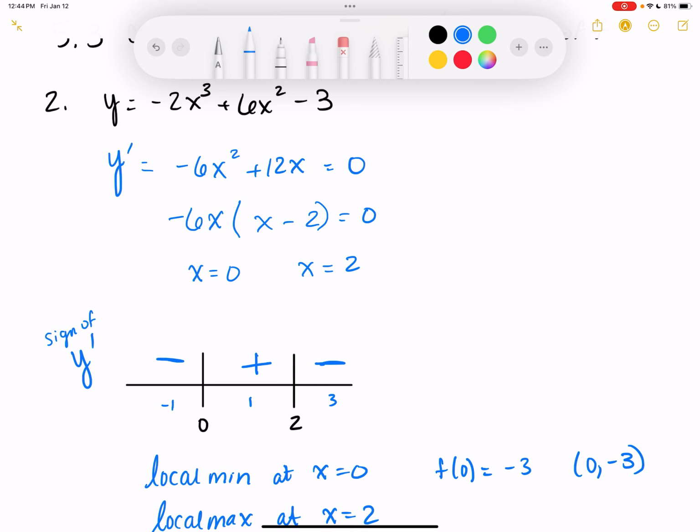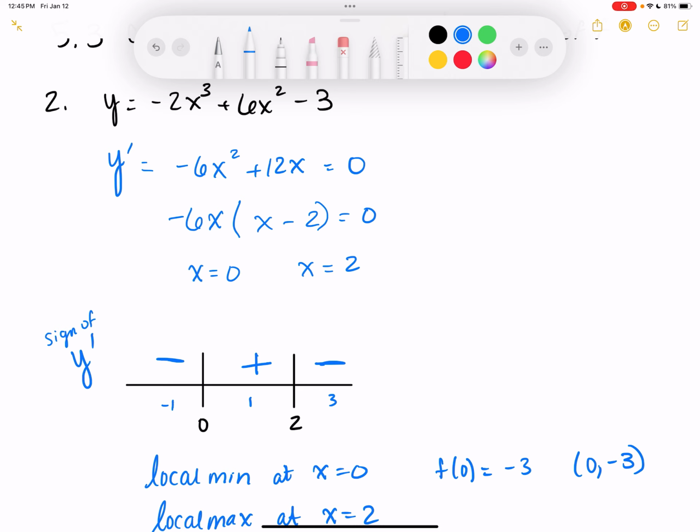What if I plug in 2 to the original? I'm getting 6. I was doing the derivative, my bad.